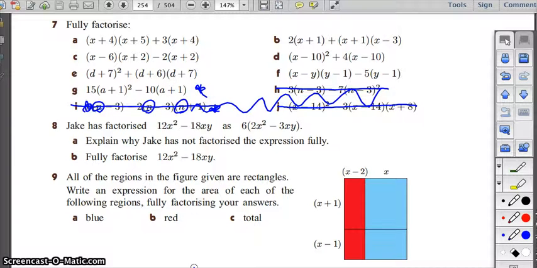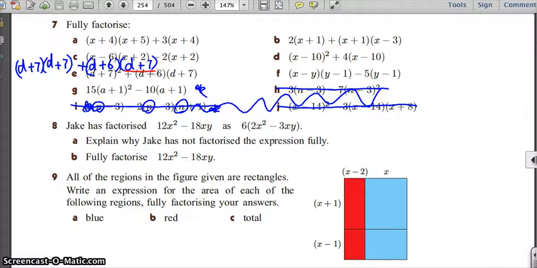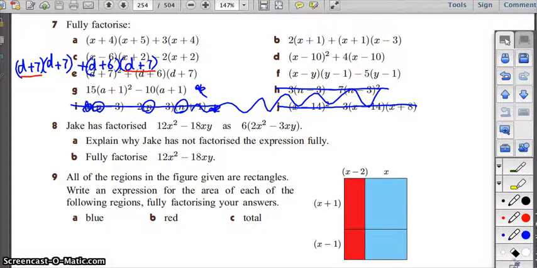So what you do here is you just pull everything apart. Pull apart what you've got. So here you've got d plus 7, d plus 7, and then you've got plus d plus 6, d plus 7. Then it's a process of knowing what you've got common. Are you able to see that all right?